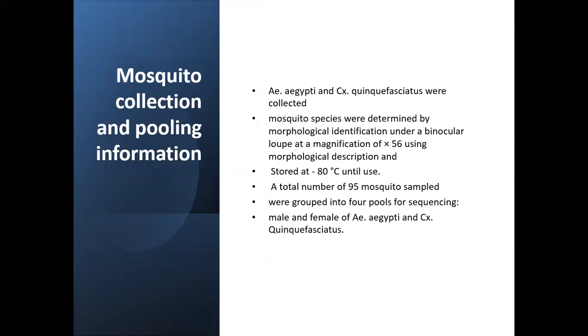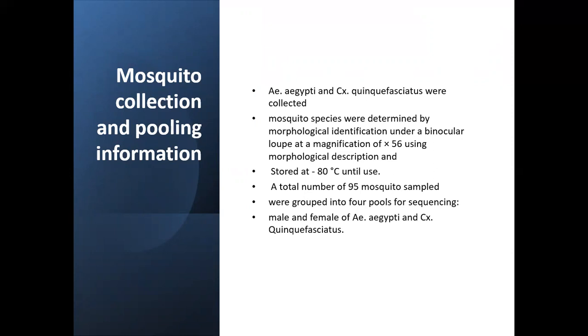The first thing they did was collect the Aedes aegypti and Culex. Once collected, the mosquito species were determined by morphological identification using a binocular loupe at a magnification of 56, using the morphological description for each species. Then they stored them at minus 80 until processing.